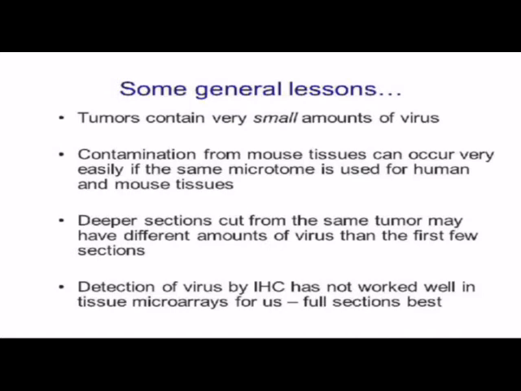Here are some general lessons from this, and they will be important if you read the literature or reports of what somebody is summarizing about a paper. Tumors contain very tiny amounts of virus. I mean, these are really tiny amounts. And I think that's going to be true of any pathogens that we find from now on, because a lot of the pathogens that were present in abundant amounts have already been discovered.